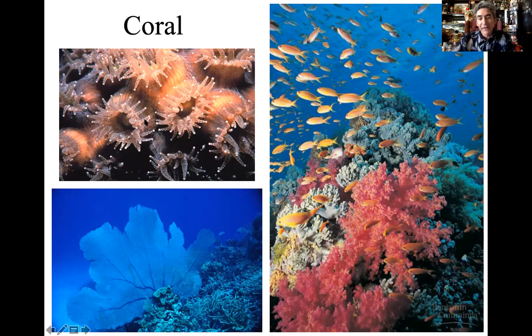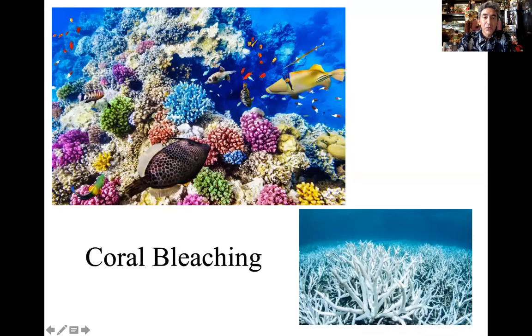Where we have a very healthy coral population, we then associate that with a very healthy reef. The coral is the basis for the reef. It provides the structural habitat, the places for the fish to hide. And basically, the healthier the coral, the healthier that whole ecosystem is.